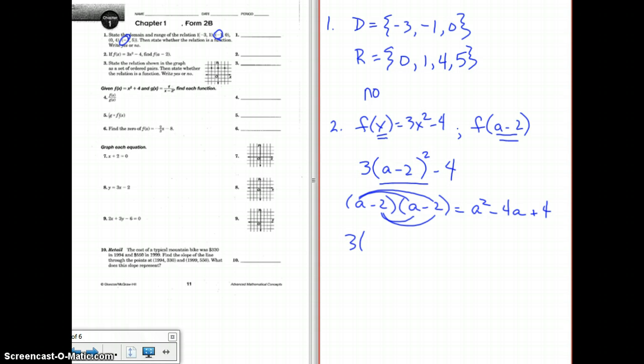So now I have 3 times a squared minus 4a plus 4, minus 4. I'm going to distribute the 3 throughout the parentheses. That's 3a squared minus 12a plus 12. And then we'll tack the minus 4 on there at the end. We can combine these like terms since they're both constants, and we get 3a squared minus 12a plus 8.